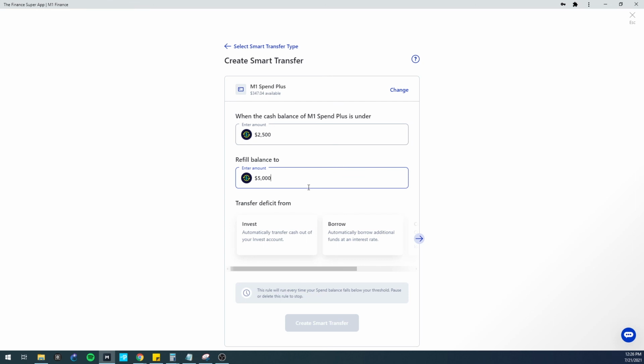take $2,500 from, let's say, invest, borrow, or custom. All available accounts, customize.